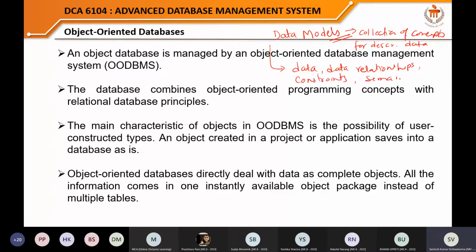This is a very integral and important feature once you take any data model. So data model components are the data itself, the relationships which exist between data, the various constraints which we use to state the conditions, and the semantics structure. All these are important parts of data models.